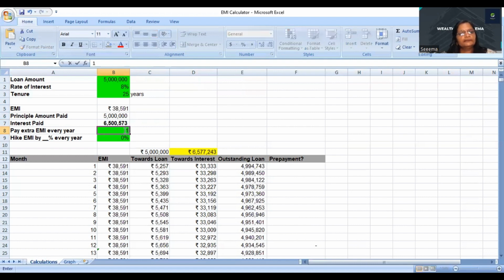So what will be your interest? See, your interest reduces to 51 lakhs. It is again a reduction of 14 lakhs by just paying one EMI extra every year. So this is also another way you can reduce the interest part.